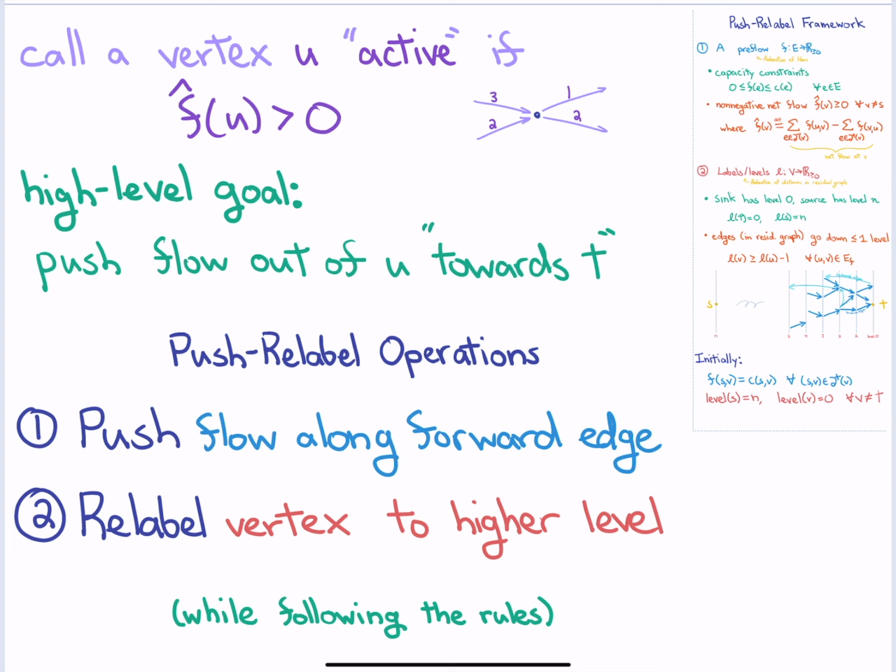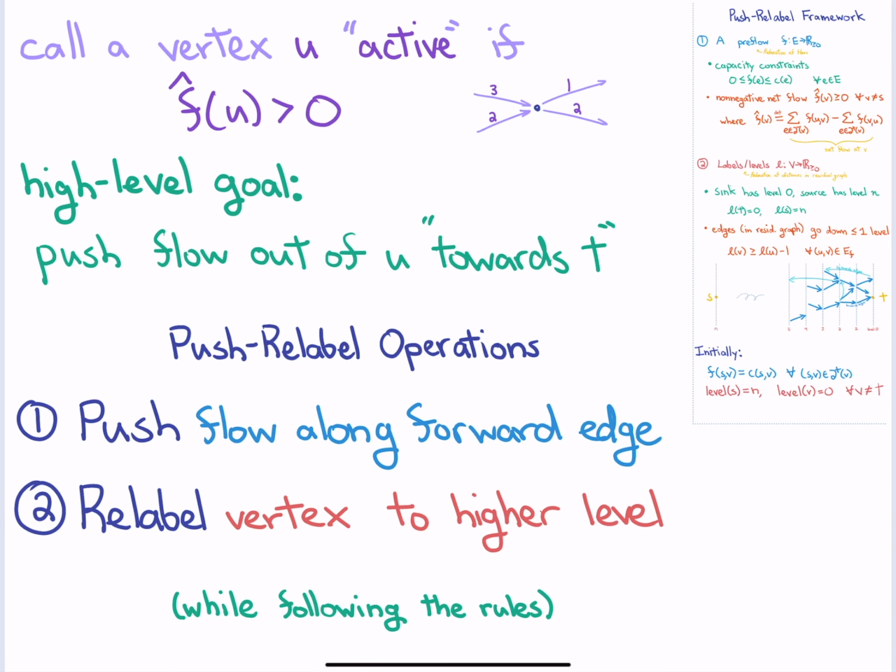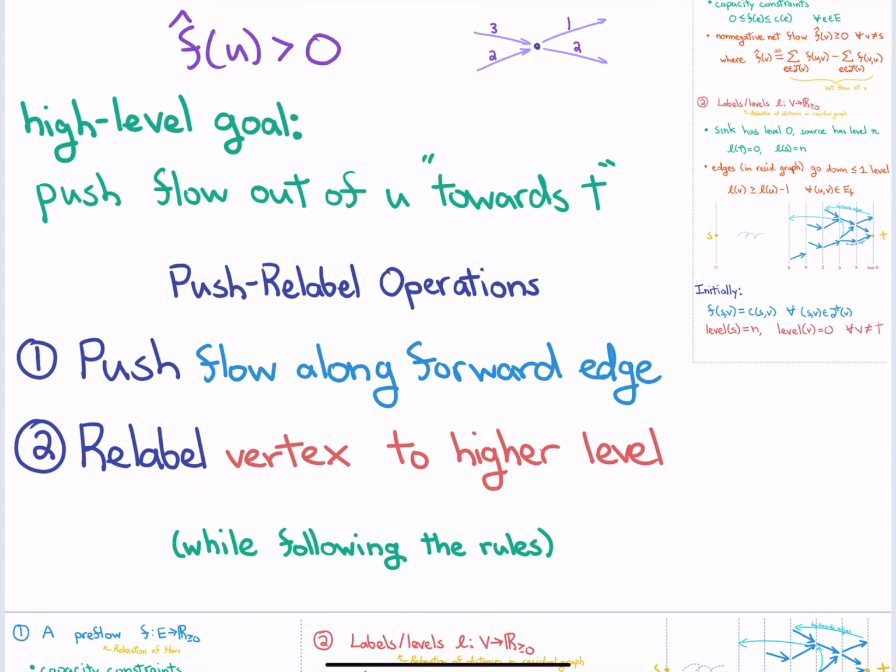The only rule is that an edge can't go down by two levels. If there was an edge that went down, I wouldn't be able to relabel it because that would be two levels. But if there is no such edge and I can't push anything, then I can relabel it up. And then maybe that'll take one of your edges that used to go within the same layer, and now it'll be a forward edge that you can push flow on. Those are the only two things you're allowed to do.